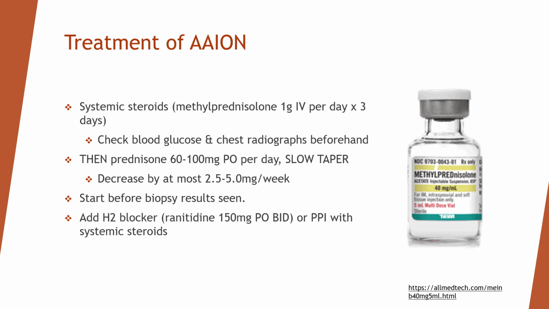Steroids tend to increase the blood glucose and suppress the immune system so that the chance of pulmonary infection is more likely. So it's important to make sure that the blood glucose is well controlled and there are no pulmonary effusions or any symptoms of focal lung infections before administering steroids.